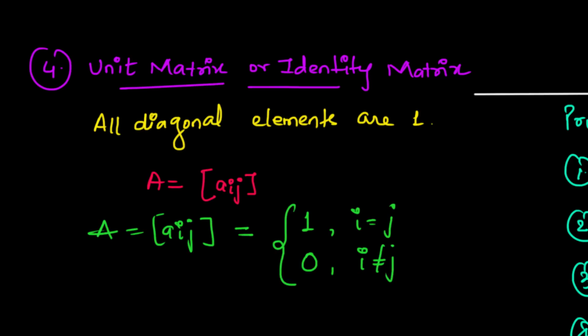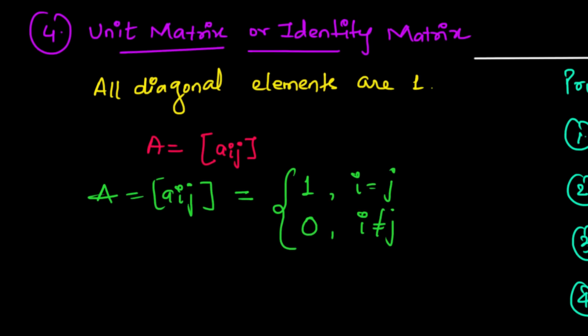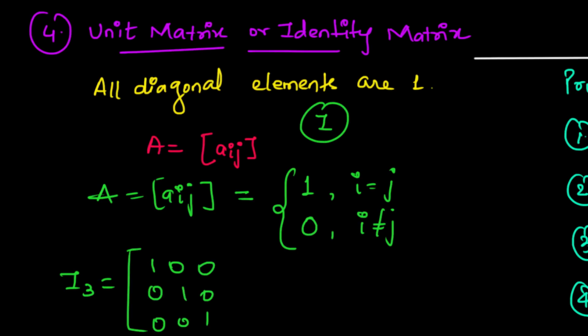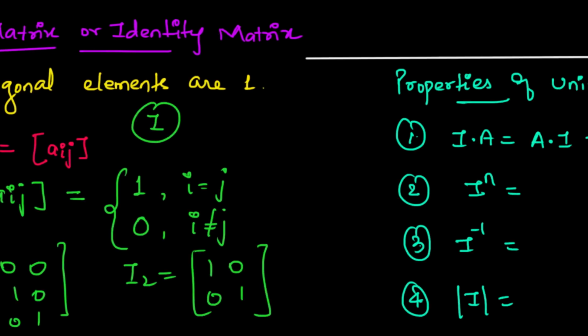That's it. Let's see some examples. Before that, let me tell you, the unit matrix is denoted by I. So we have I3 equals 1 0 0, 0 1 0, 0 0 1. I2 equals 1 0, 0 1. So these are some examples of identity matrix.